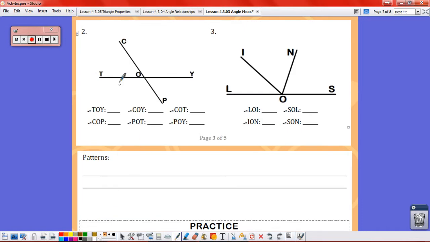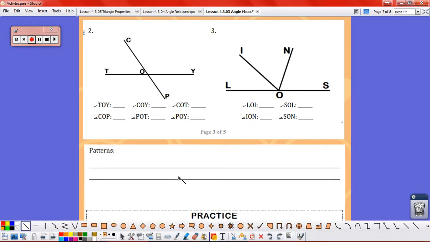And then over here, this one, actually I do need to measure it. I'm pretty sure it ended up being like 125 and 55. Pretty sure. Need to extend my line some.